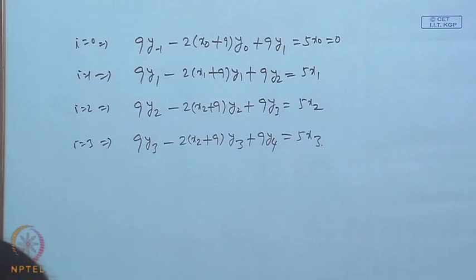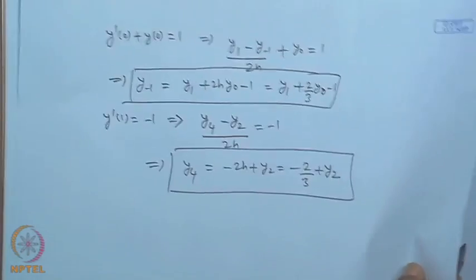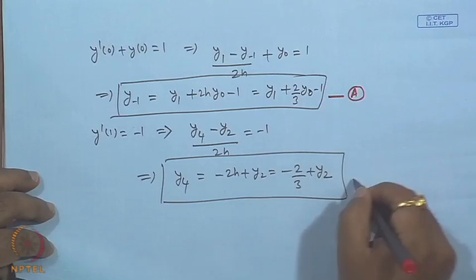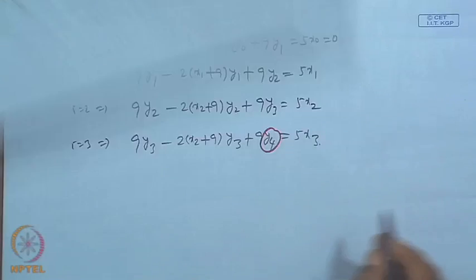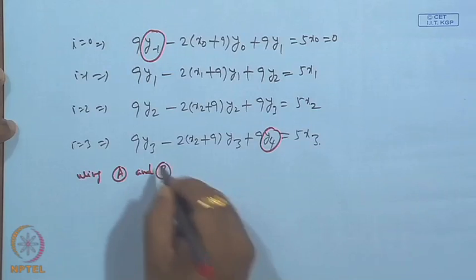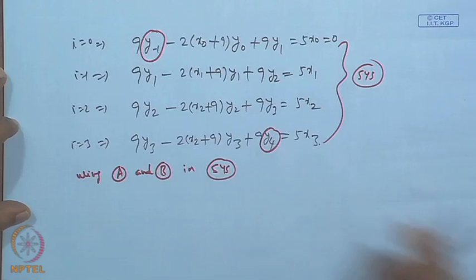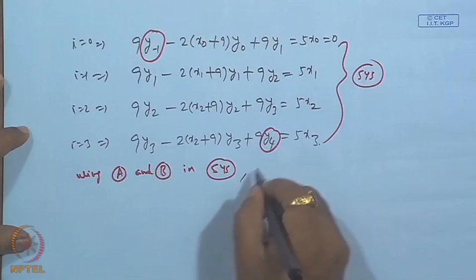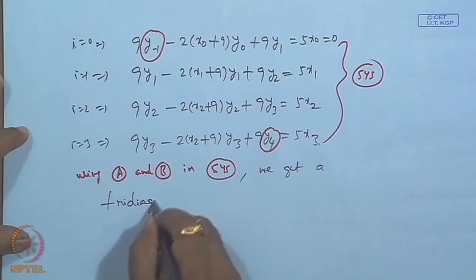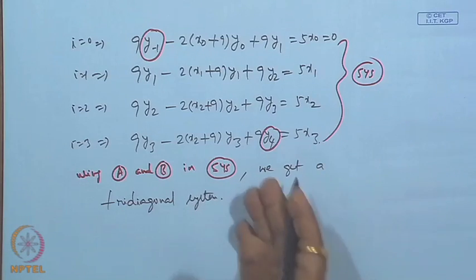So, where are the fictitious values? And with already we have computed. So, we substitute, so using A and B in sys, say this is sys. We get a tridiagonal system. Okay. So, one can solve.